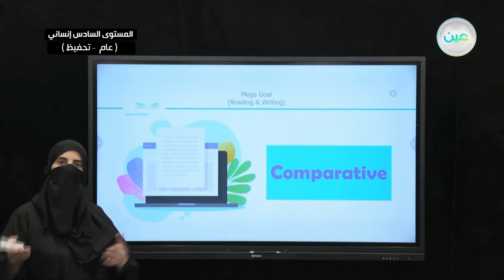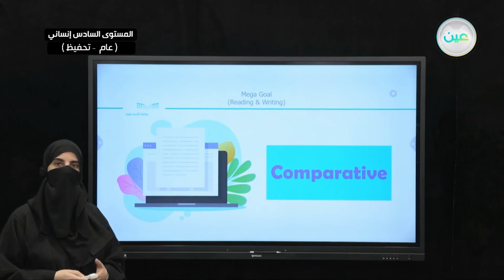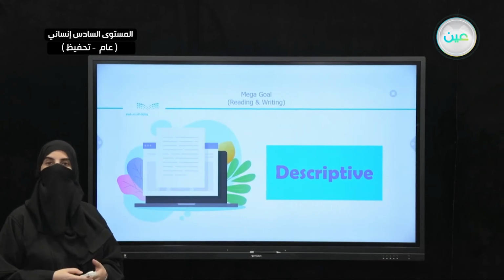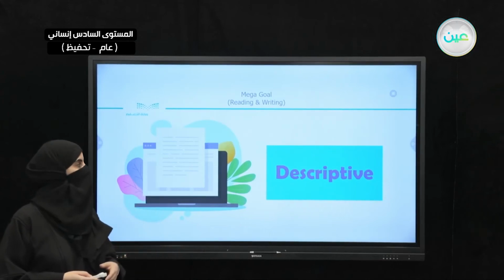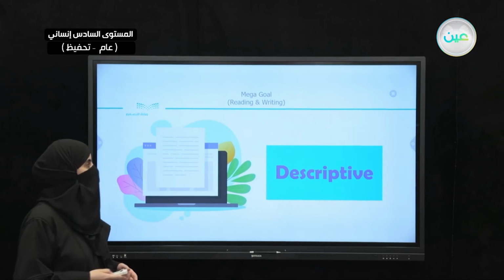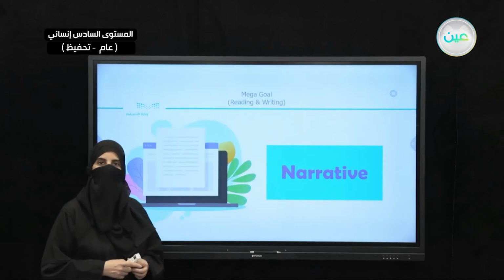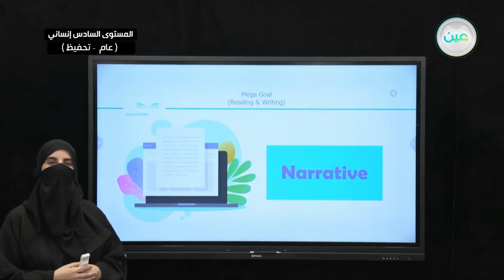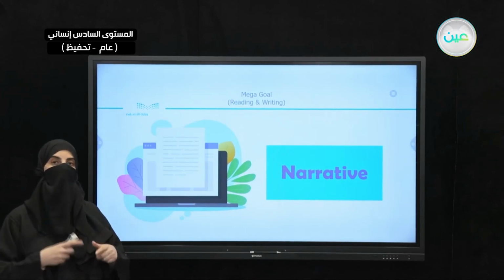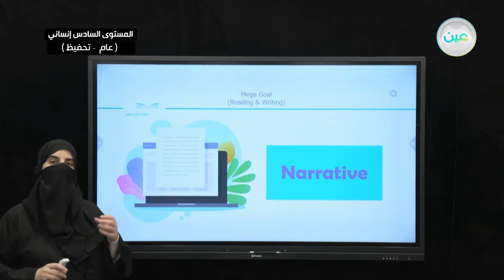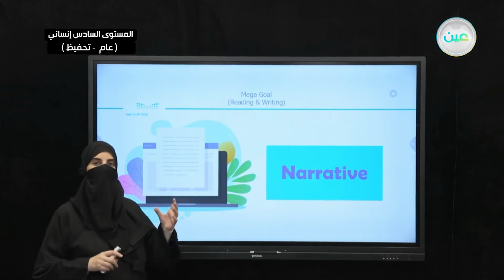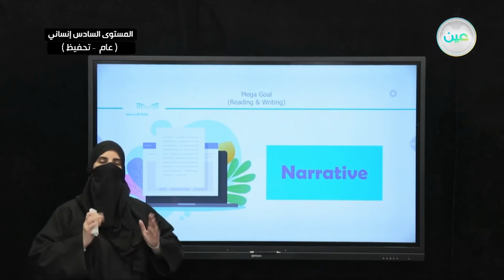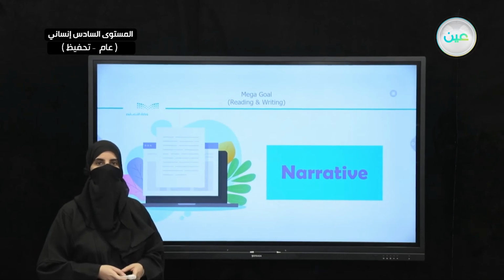Comparative essays compare two parts. We also have the descriptive essay, where you are describing something, and the narrative essay, which is like stories, when you are narrating something. Note that sometimes you can use more than one kind in one essay, but it is very useful to know from the start what kind of essay you are writing, so you know the path you are going to follow.